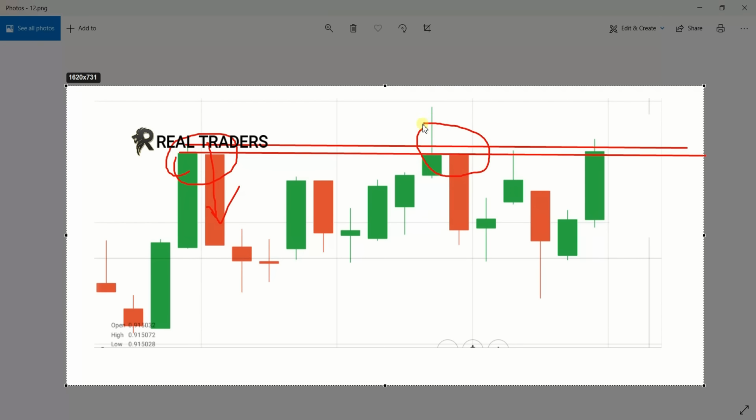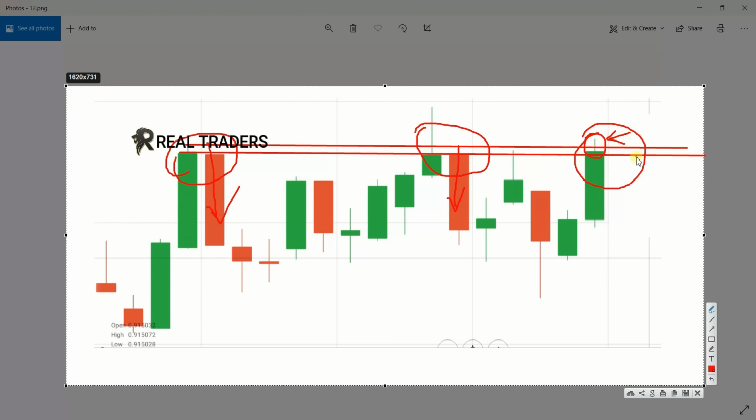Again the market closes at the level, and you can see again very strong sellers from this level, and here again you can see the market closes at the level. Again there is a rejection here from the sellers.